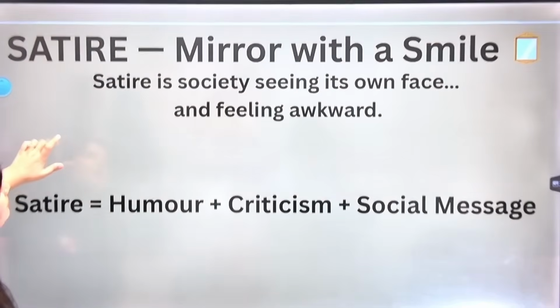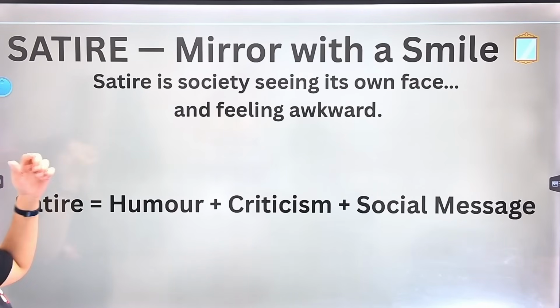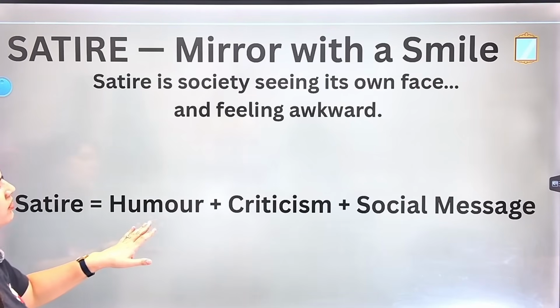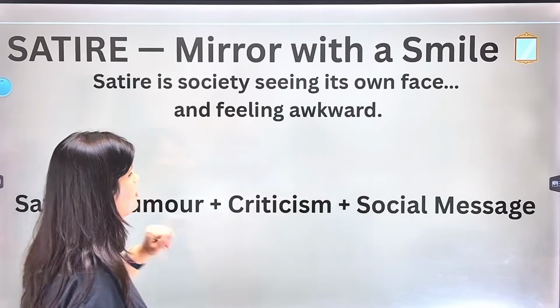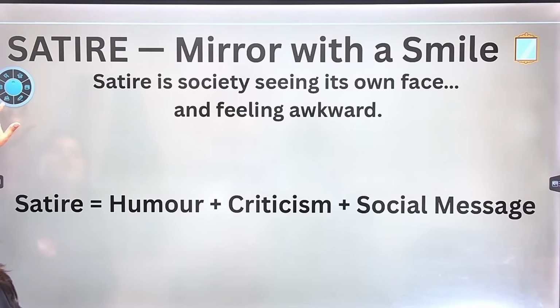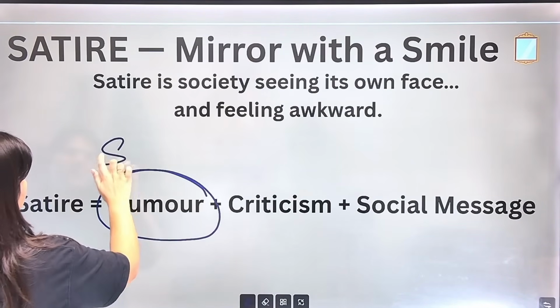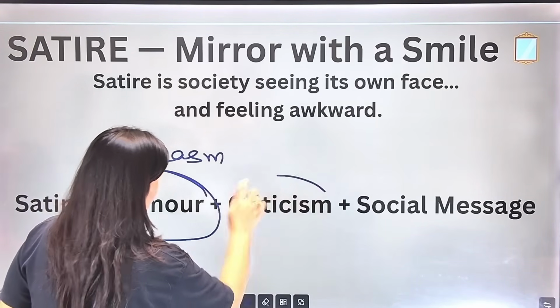Then we have satire as seeing its own face, society seeing its own face and feeling awkward. Satire is equal to humor plus criticism plus social message. This is what I pointed out, right, that in satire although there is humor, that is in sarcasm also, right?